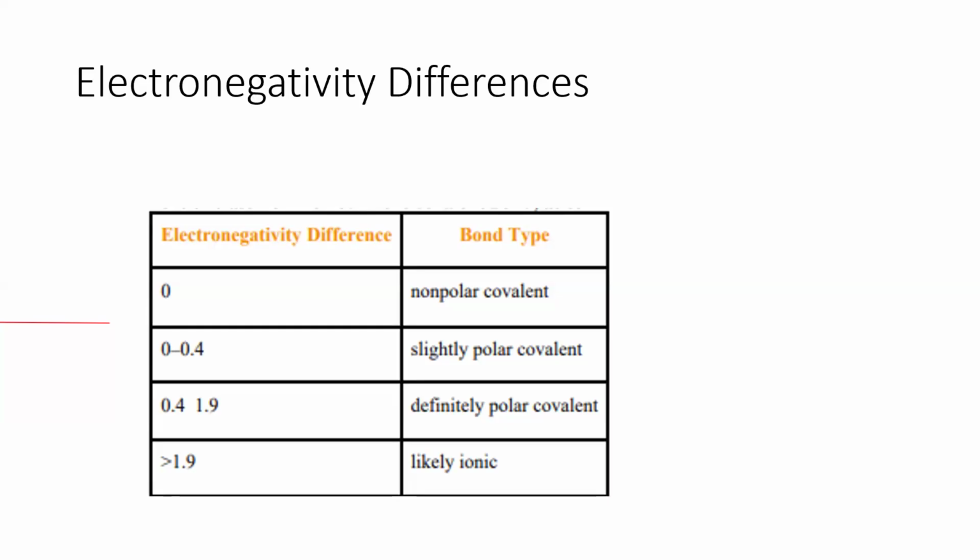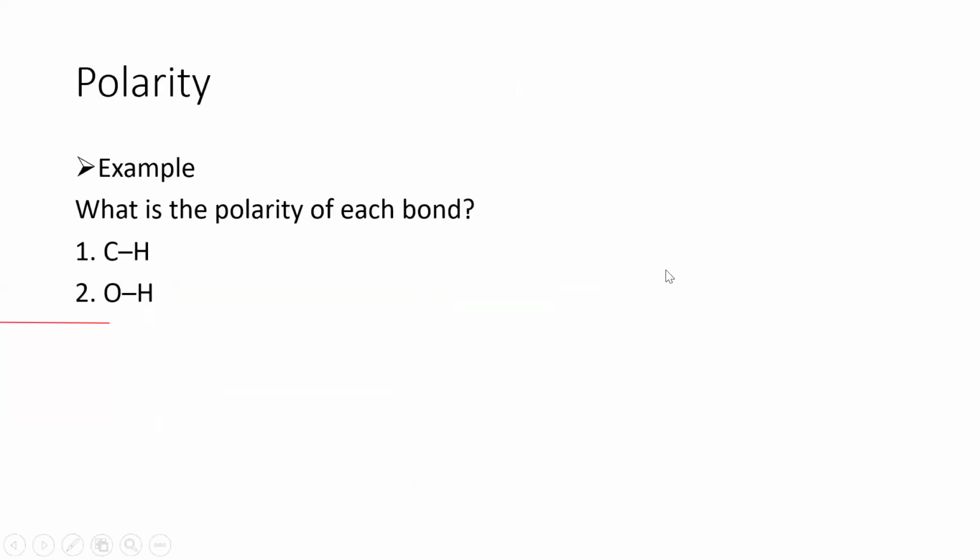Do you get it? So we are going to do an example using the electronegativity difference to see the bond type. These are the bond types. So let's go ahead and see: what is the polarity of each bond, carbon and hydrogen, and oxygen and hydrogen? Then we go to the table and chart, find the electronegativity of carbon and of hydrogen, and then we see the difference.